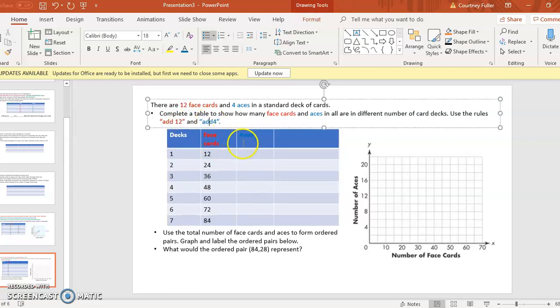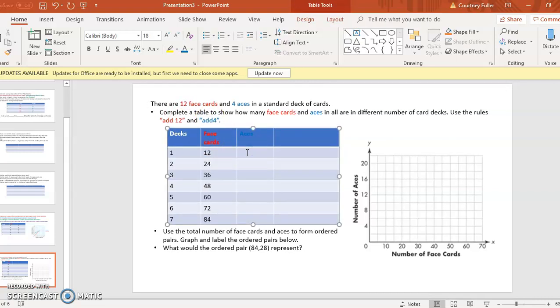Now we have a much more simple rule of add 4 to follow to get the aces. So in the first deck, there are going to be how many aces? You got it, 4 aces. In the second deck, there are going to be 4 more aces. So we're going to follow the rule add 4.